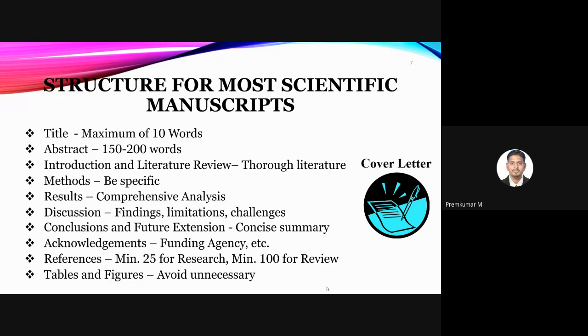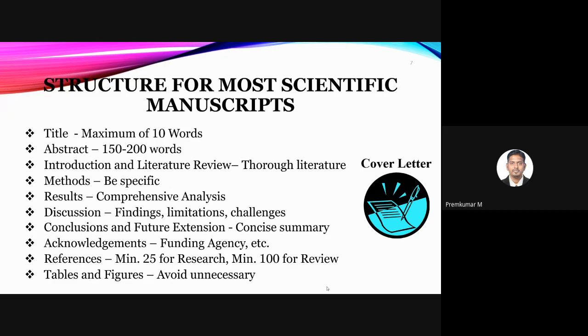In the reference section, for a research paper, try to refer to at least 25 related and recent papers. If you are writing a review paper, at minimum you should refer to 100 papers, because when you write a detailed review, the minimum number of references must be 100. Only then can you do a proper literature review.